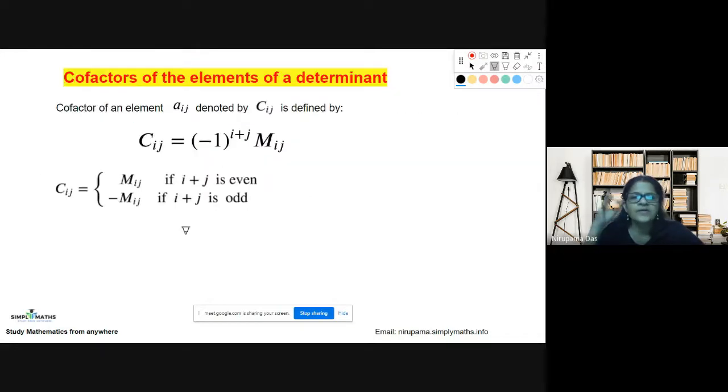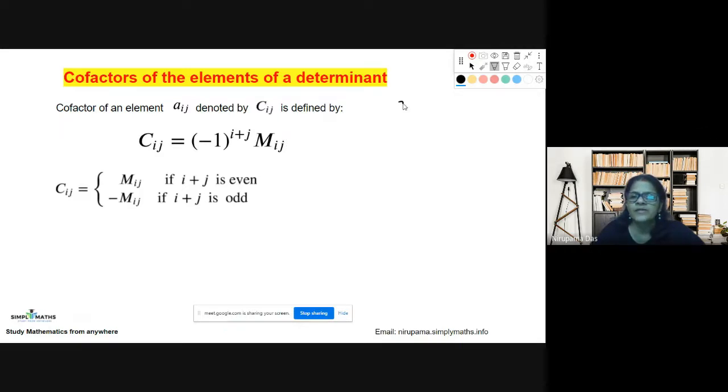Next, cofactors. The cofactor of an element Aij, denoted by Cij, is defined by Cij equal to minus 1 power i plus j into Mij.